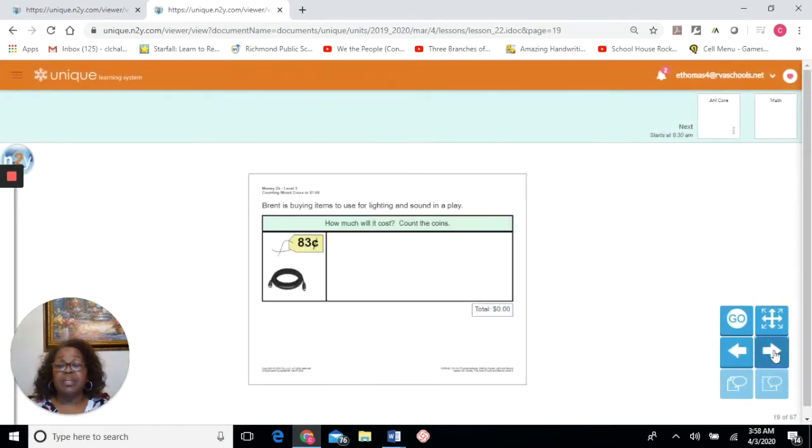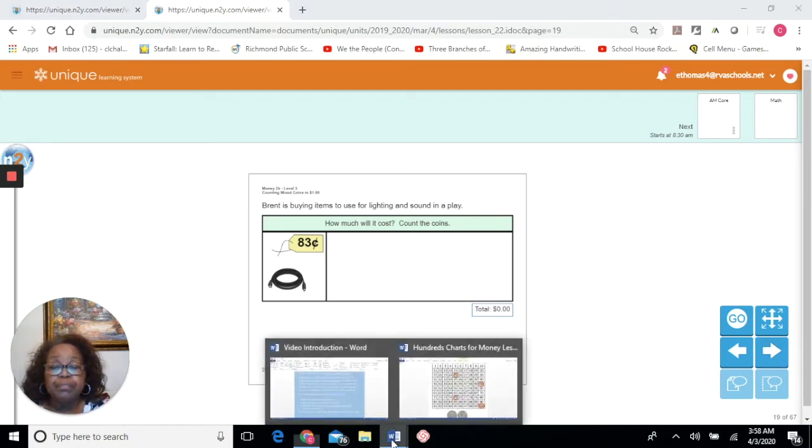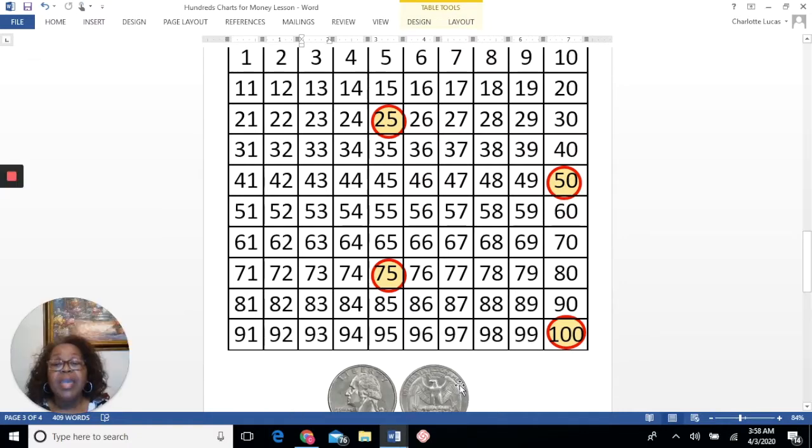Let's see what we have left. 83. My. This is different. 83 cents. Let's look at our chart. 83 cents. We still want to start with our highest value because it's more than 25 cents.